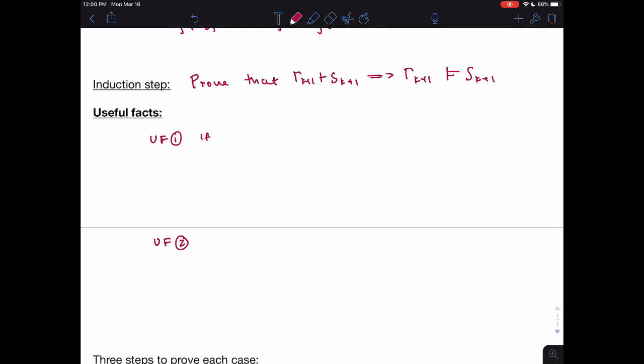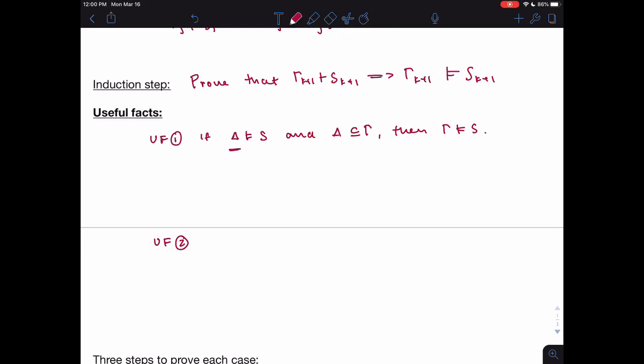UF1 is as follows. If some set of sentences delta truth functionally entails S, and delta is a subset of gamma, then gamma truth functionally entails S. This is a pretty intuitive claim. It's saying that if S follows from some premises, delta, then it also follows from a bigger set of premises that contains all of the original ones.